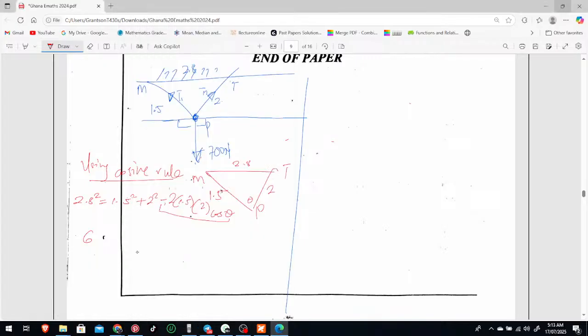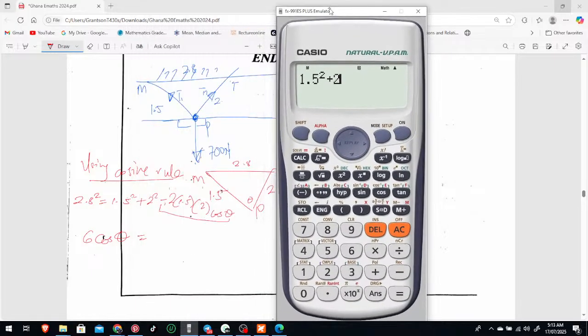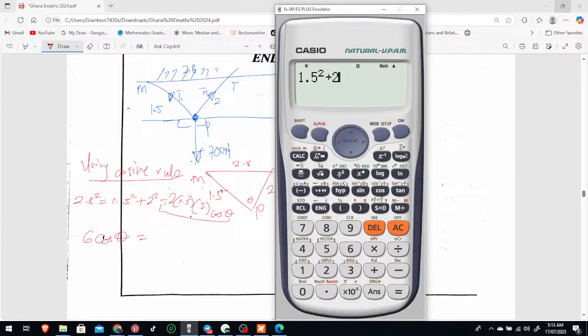So 6 cos theta equals, what is 1.5 square? 1.5 square plus 2 square, which is 4. We are solving now. So 25 over 4.